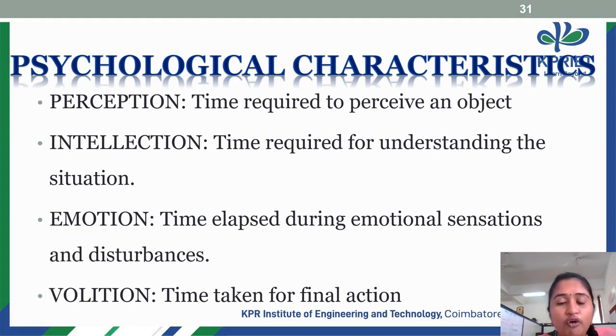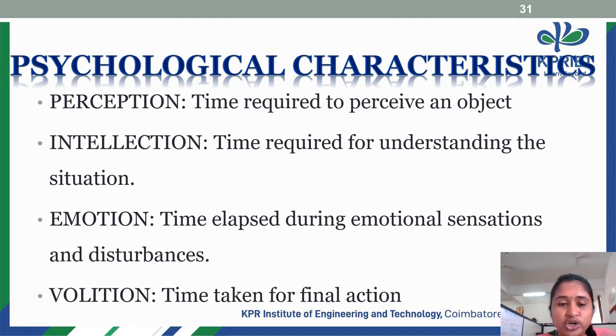And emotion: after understanding the real situation on the road, the driver has to take some decision based on their emotional condition. So the time taken for taking an emotional decision, right, is called emotion. That is the time elapsed during emotional sensation and disturbances.